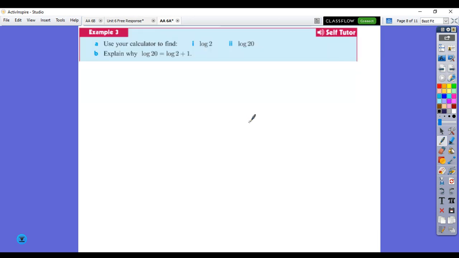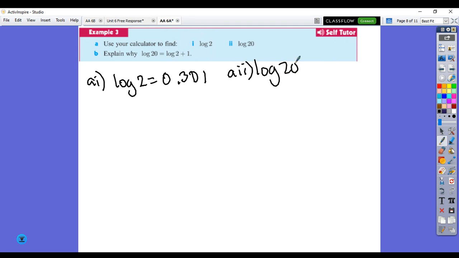All right, so if we look at the log of 2, I get 0.301. If I look at log of 20, I get 1.301.